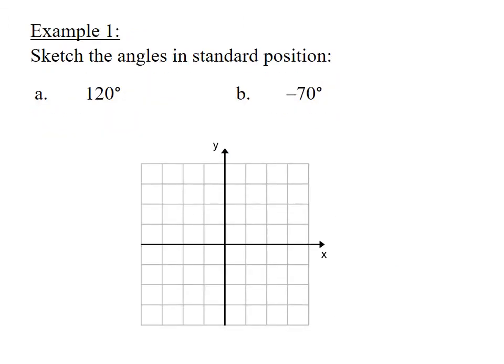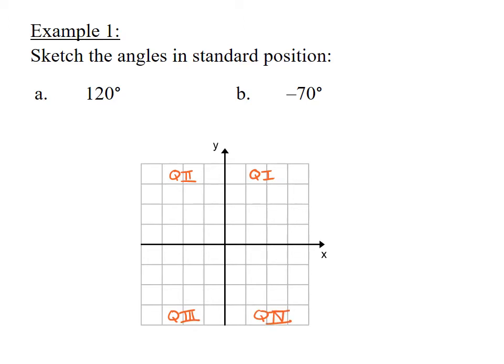Here are some examples. It says sketch the angles in standard position, and we have a 120 degree angle and a -70 degree angle. Before I get started, I want to remind you of the quadrants. This is quadrant 1, and then in a counterclockwise direction, quadrant 2, quadrant 3, and quadrant 4.